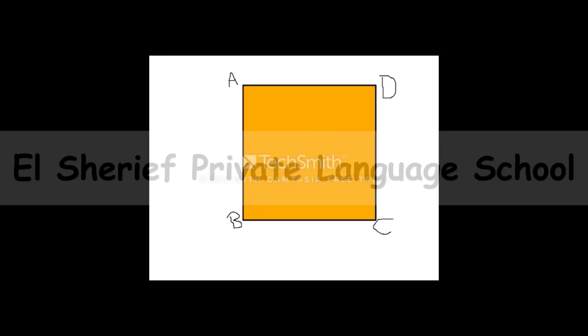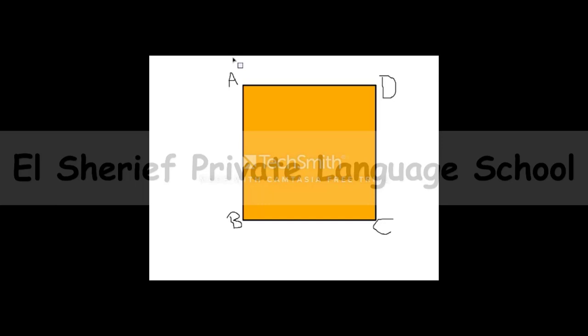Now, the line segment between any 2 consecutive vertices is called side length. Like line segment AB is called side length, BC side length BC, CD side length CD, DA side length DA. So we have 4 line segments called side length.